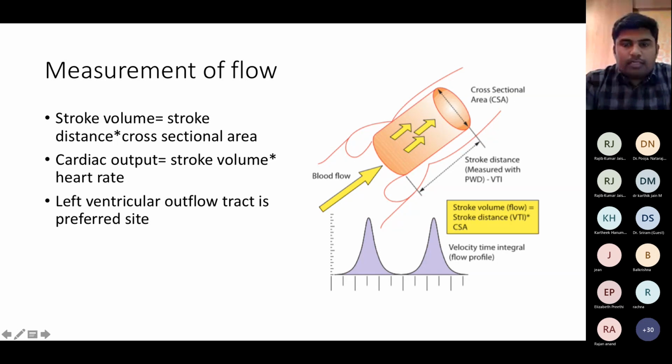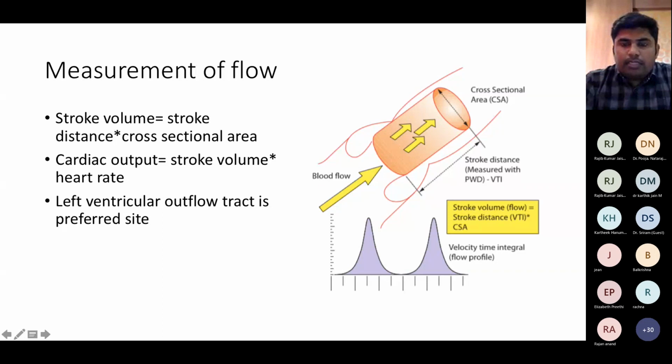When all these velocities are integrated, it gives the velocity time integral. It is the distance the blood at this point travels in a single heartbeat. The unit of velocity time integral is centimeters.